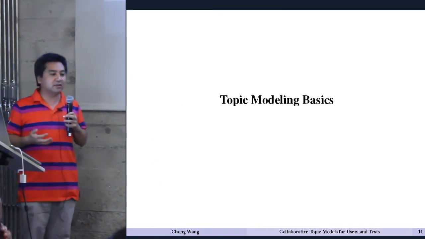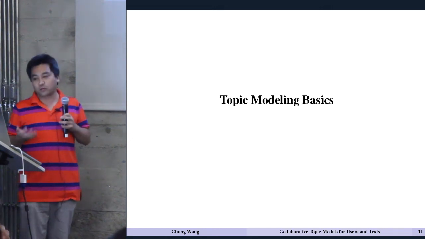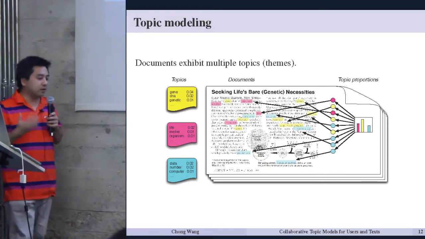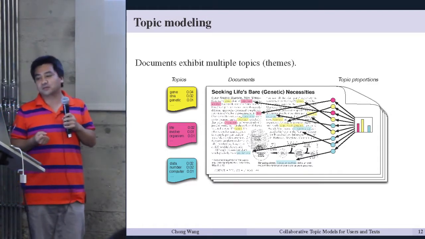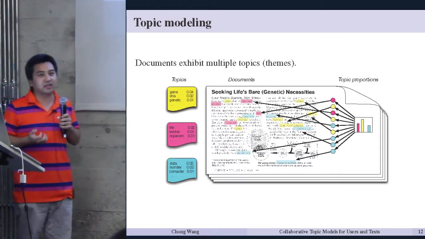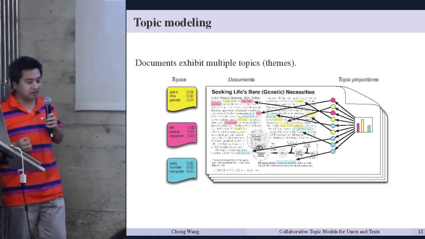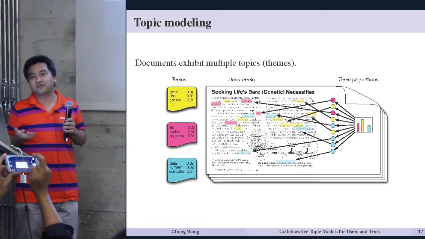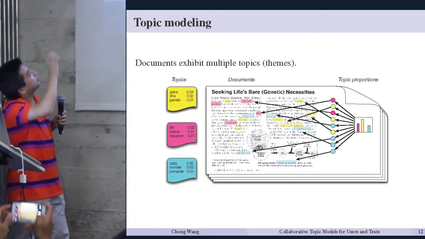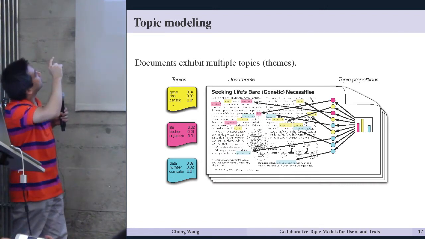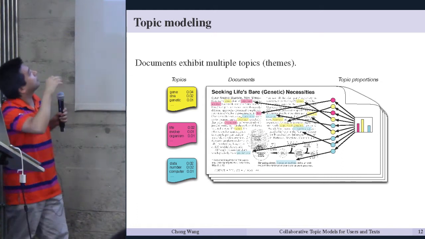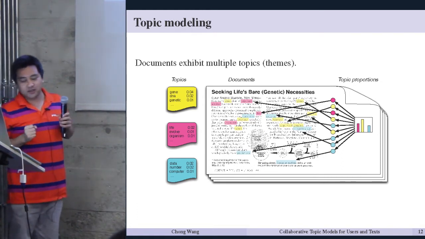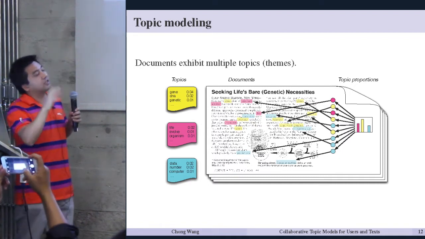So here comes a more formal formulation. What is a topic model? One basic assumption behind the topic model is that a document can have multiple topics. Imagine the world has three topics, say the yellow one, a blue one, and so on.